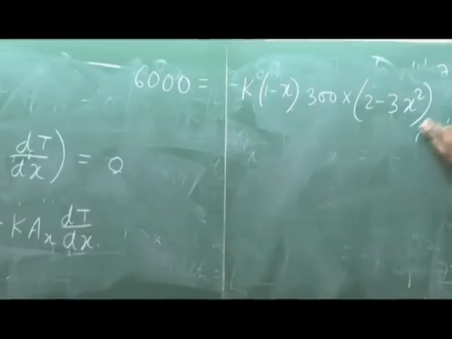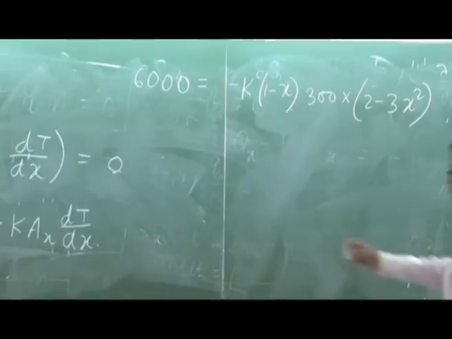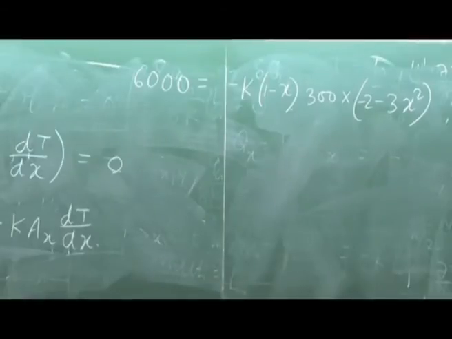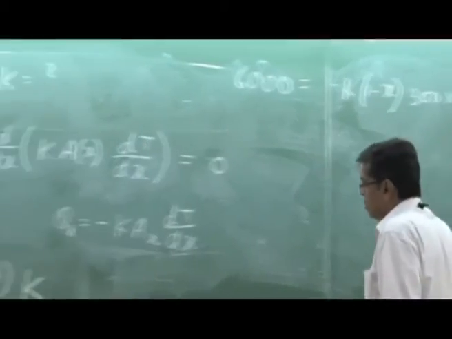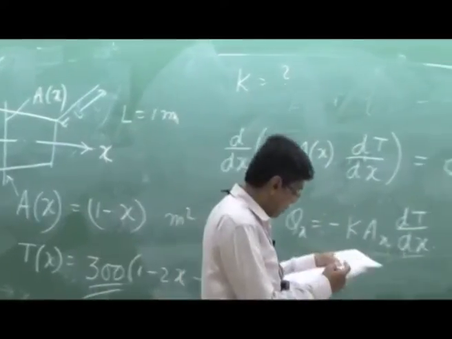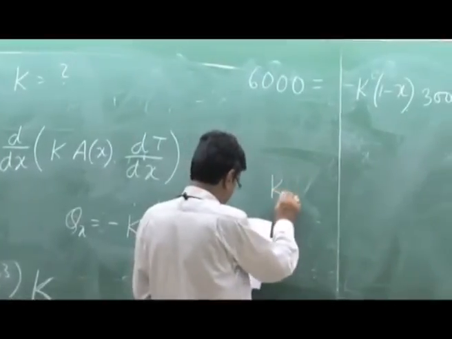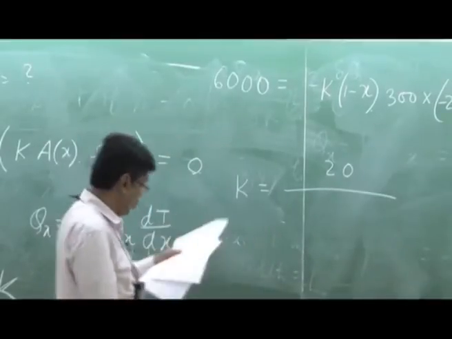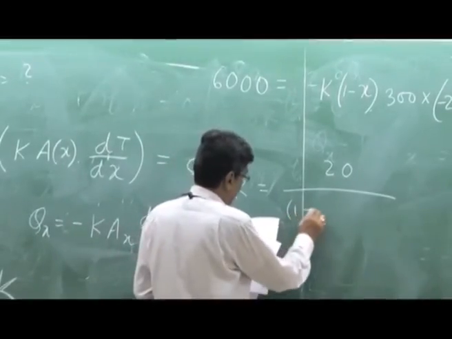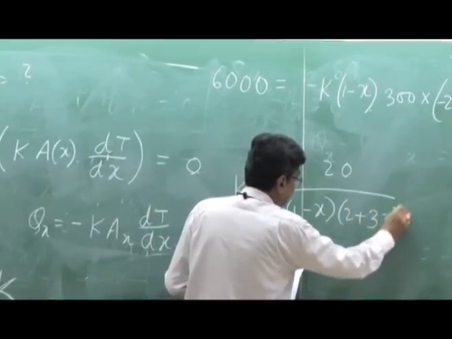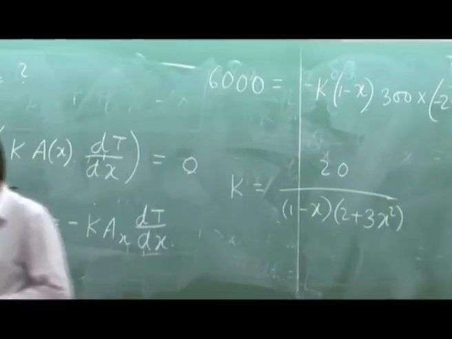So this is the simplest problem, and finally K comes out to be 20 by 1 minus x into 2 plus 3x square. This is to start with, just a warm up like that.